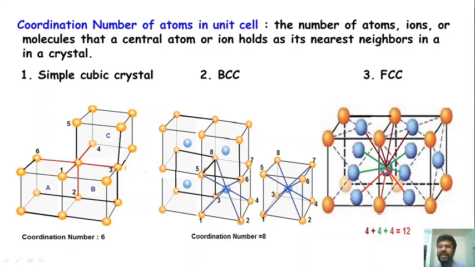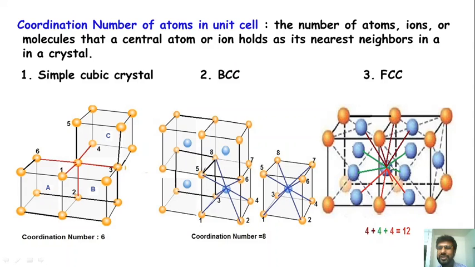Now it gets coordinated with, see here, the 4 atoms of the upper face. Which are the 4 atoms? See here, this is the 1, this is the 2, this is the 3 and this is the 4. Means the 2 corner atoms and the 2 face atoms of the upper side. So here are the 4.